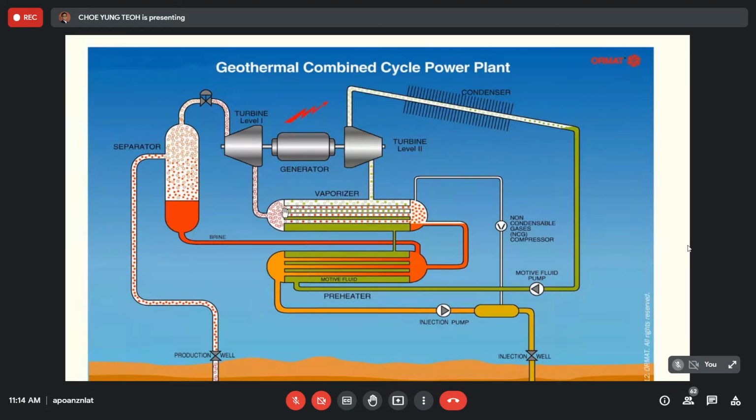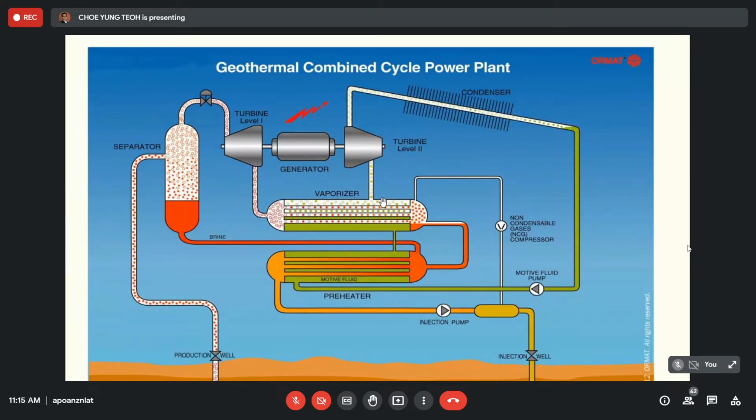So by using the residual heat after turbine 1 and the heat from this water, you're able to generate the superheated steam from the secondary fluid. After that, you get the superheated steam and run the turbine at level 2.